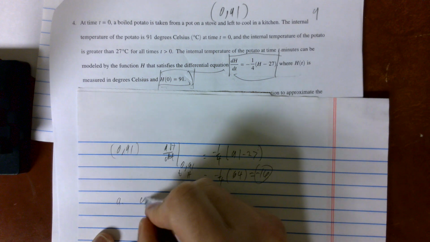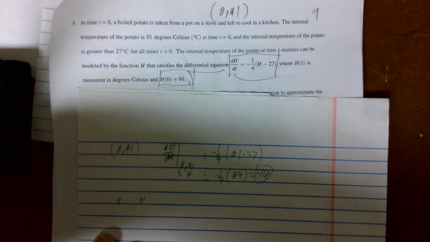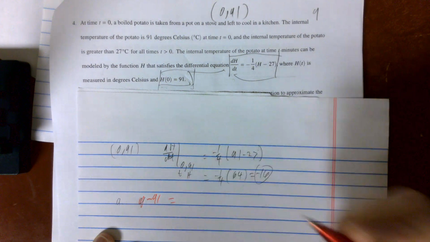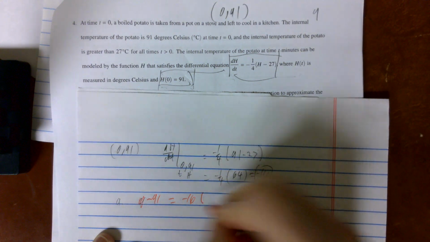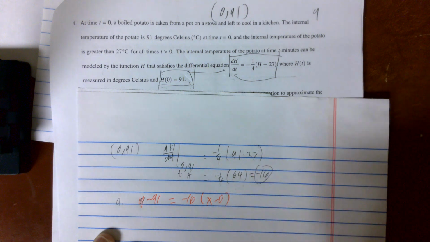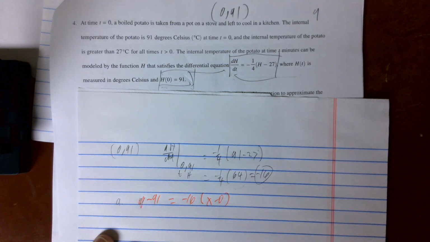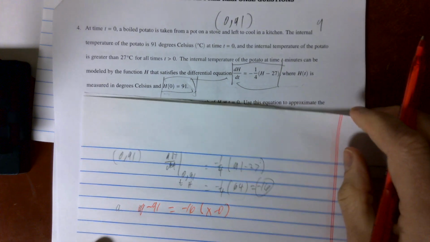So for part A, I'm going to end up with y minus 91 is equal to negative 16 times (x minus 0). Right? Not an unreasonable question. Say find an equation of a tangent line.